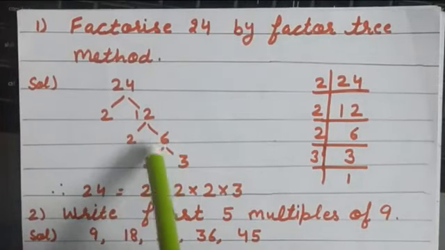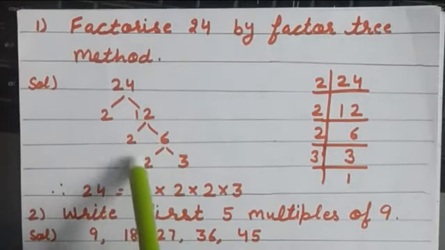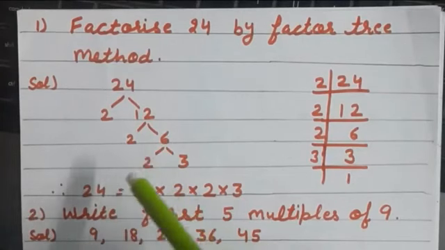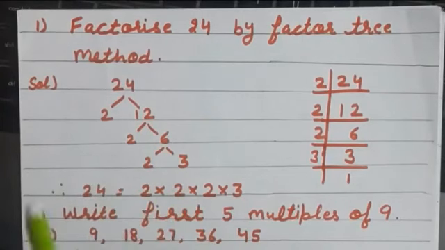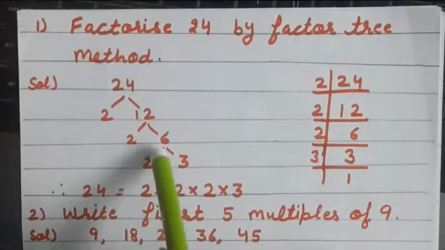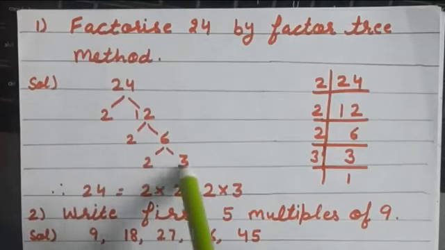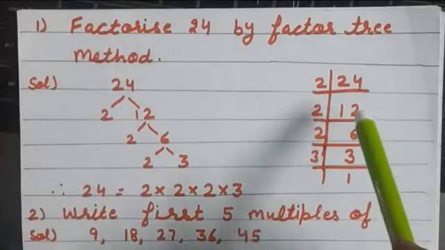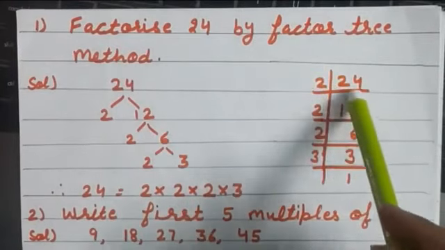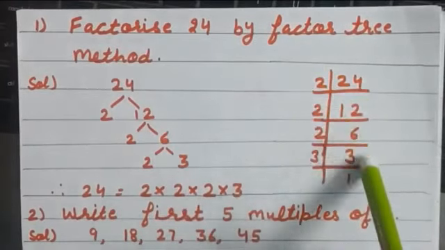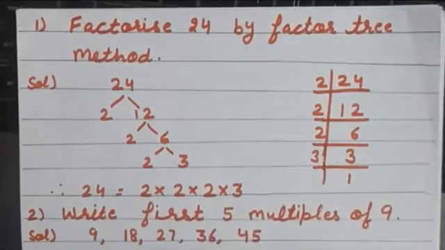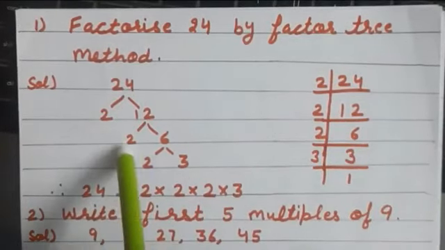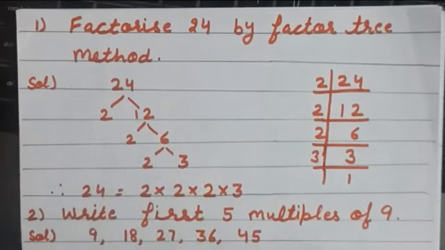Now 2 ये तो प्राइम नंबर है, इनको तो फिर से ब्रेक करने की हमें जरूरत नहीं है, ऑलरेडी प्राइम है. 6 will become 2 into 3. Check from here. 2 into 12, 2 into 6, 2 into 3. Okay, so prime factorization for 24 is 2 into 2 into 2 into 3, and this is our factor tree method.